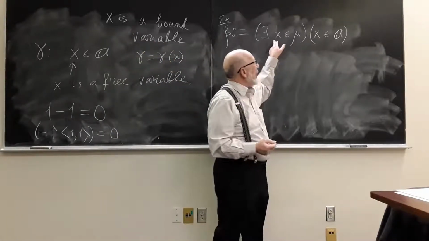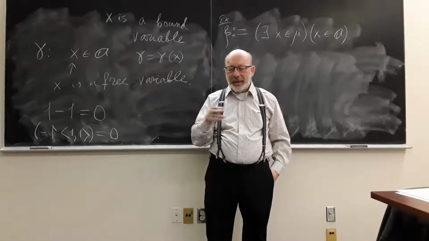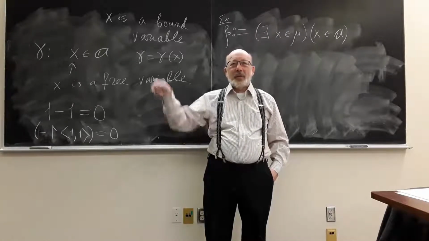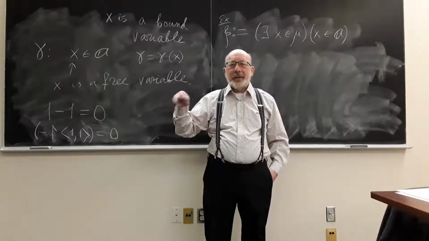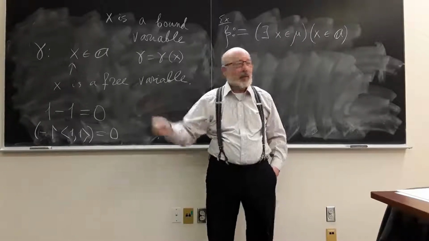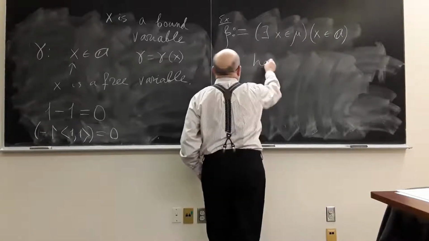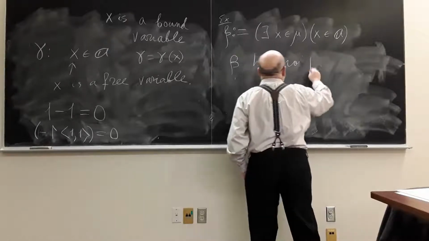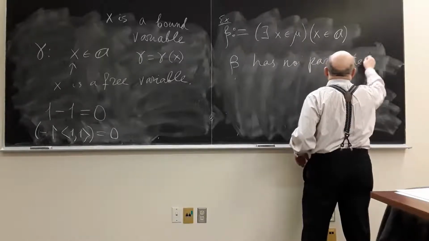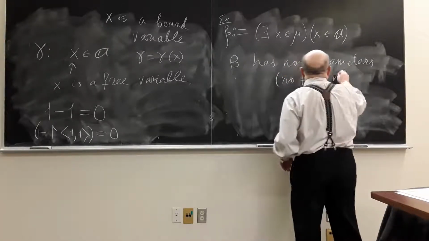So in this formula, this x is eliminated, like variable x or t in the integral. After we apply the integral, this variable is eliminated. The result doesn't depend on this specific variable. So this formula beta has no parameter, or no free variables.